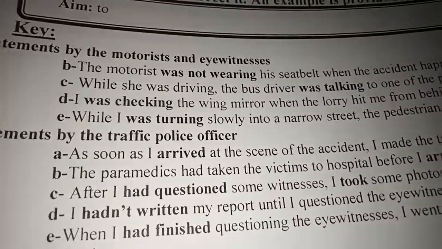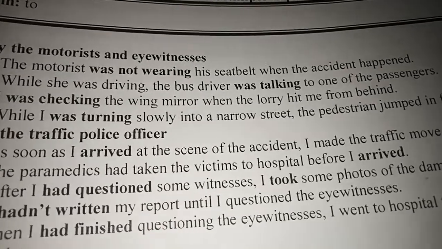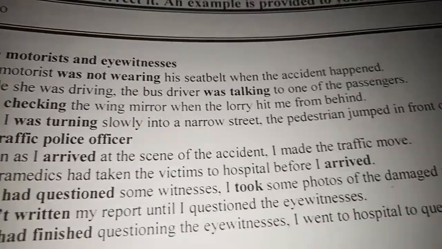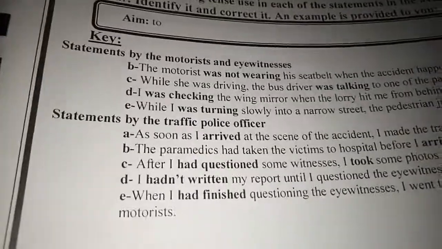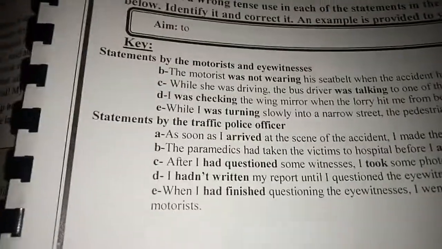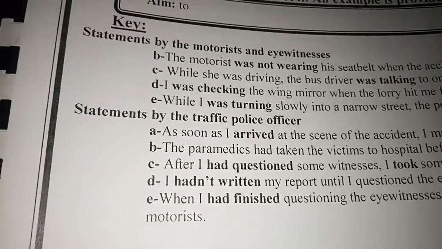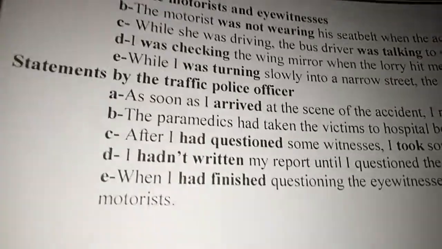C. While she was driving, the bus driver was talking to one of the passengers. This means that when I have while, I have to use the two actions in the past continuous because the two actions happened at the same time.